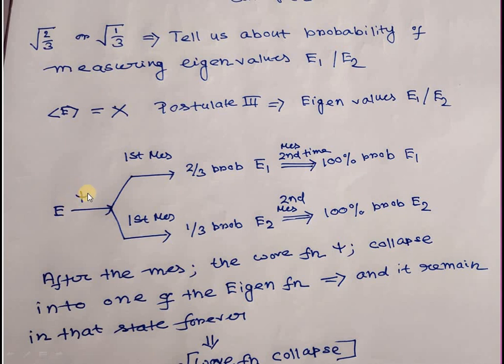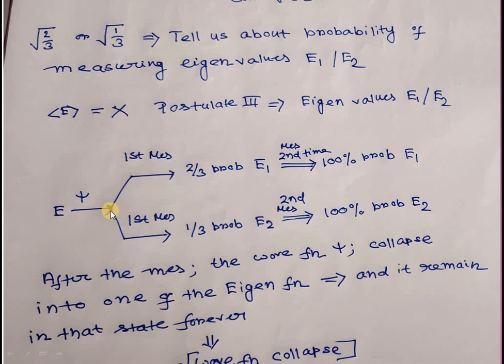If you want to measure the energy of this system, you will only obtain either E1 or E2, and whether you get E1 or E2 depends upon the probability. The probability depends upon this coefficient. So there is 2/3 probability that you obtain E1, and 1/3 probability that you will obtain E2.